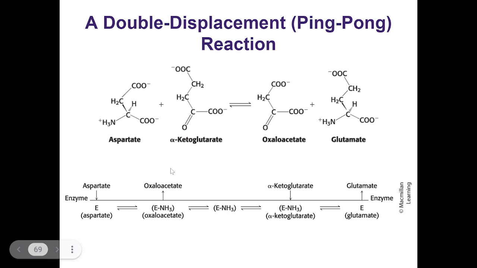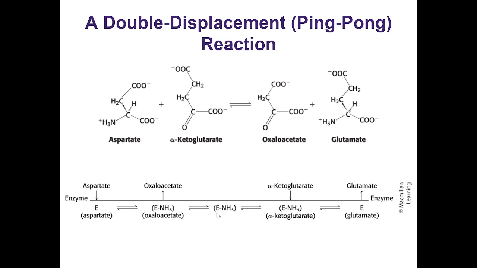This is the example of it right here. So here we have the enzyme. It takes on aspartate, so we get the enzyme aspartate complex. It forms oxaloacetate, and it releases that. It then is going to have a modified enzyme. Notice that. It is not E anymore, is it? See that? That is not E anymore.